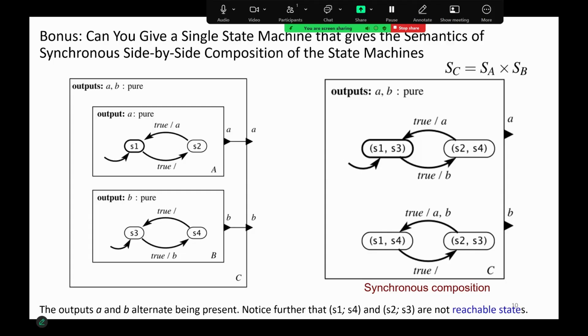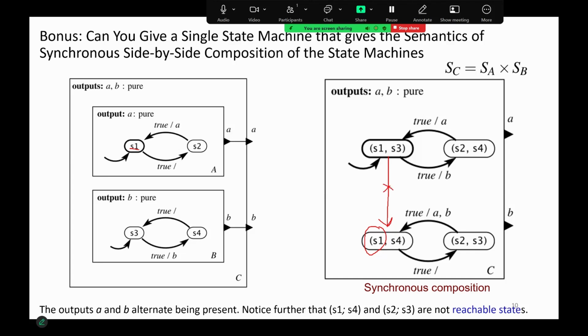The S1 becomes S2 and the S3 becomes S4. But if you would like to change one only, it's not reachable. If you would like to stay at S1 and only change from S3 to S4, which means A will not react because you stay at S1, and S3 will change to S4, which means B will react, this is non-reachable.